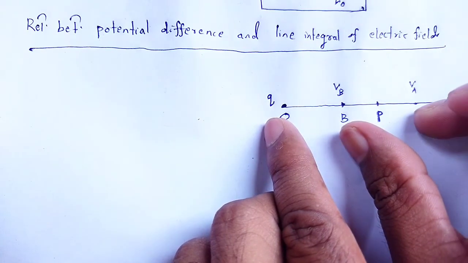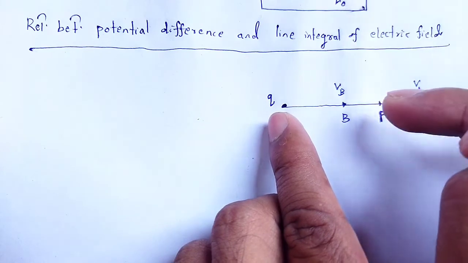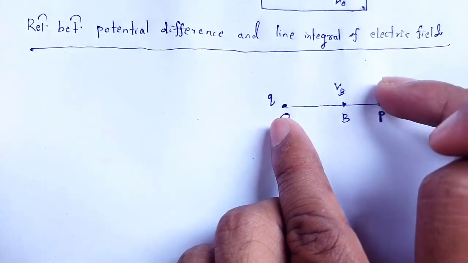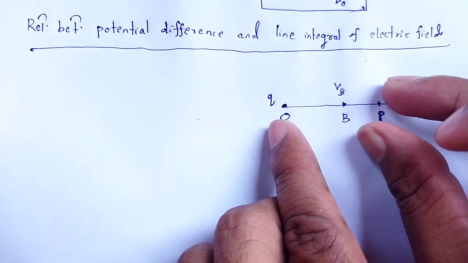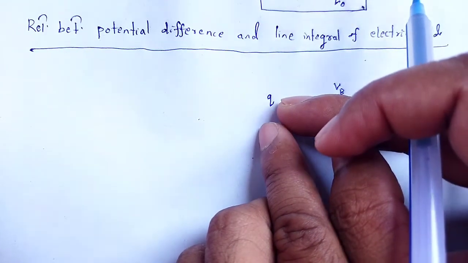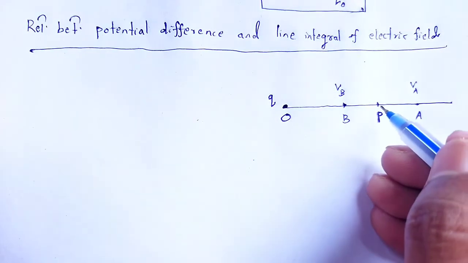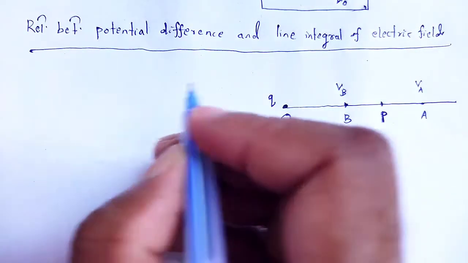So in between these 2 points I take a point P, and the force on the test charge Q naught at point P due to the charge Q is to be found.